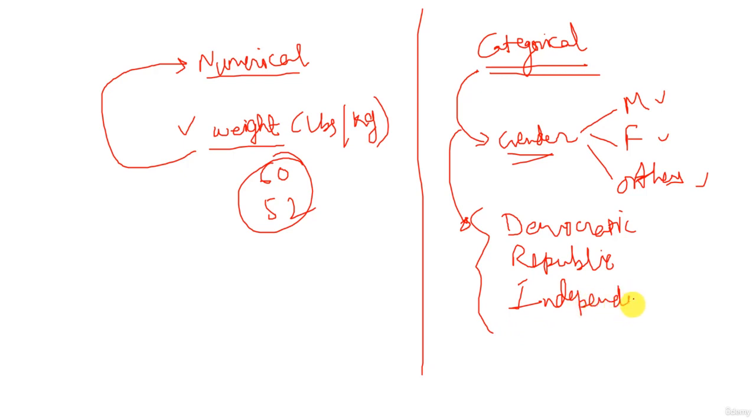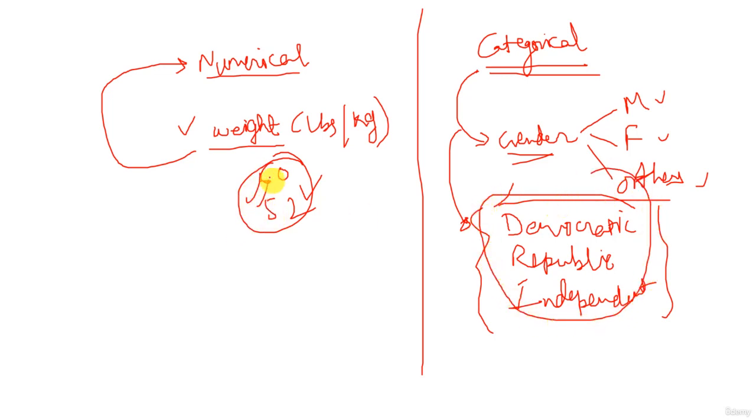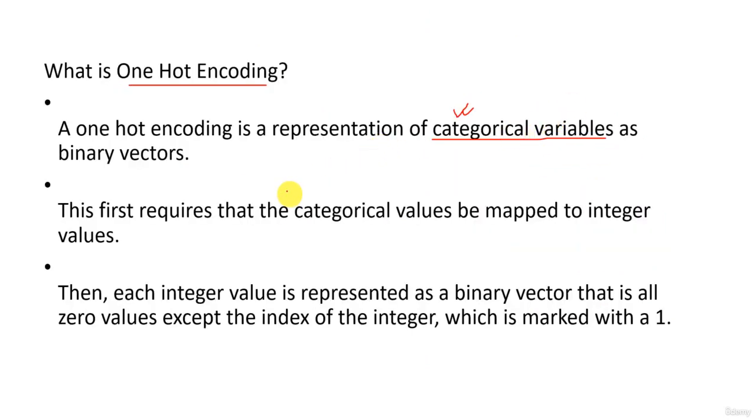In this way, if your data is represented in terms of categories rather than numbers, they are called categorical variables. Now these categorical variables cannot be understood by machine learning models. Thus our task is to represent these categories in terms of numbers, so that we can use these variables inside our machine learning model.